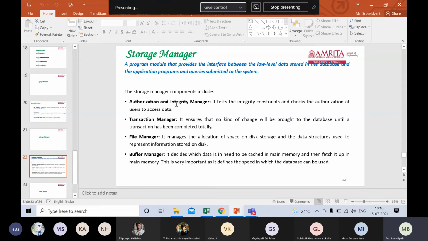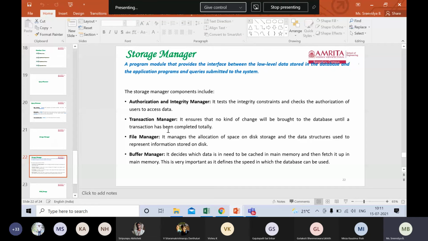The moment you see a repetition in a primary key column, it prompts a message to the end user saying that there is a violation of the rule. It's not just for primary key, but for any other constraints as well. This takes the role of passing a message to the user. That's authorization and integrity manager.